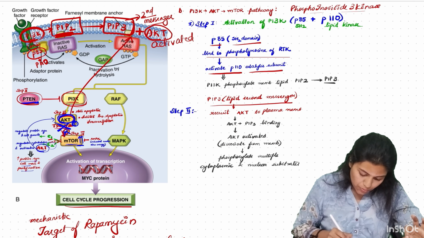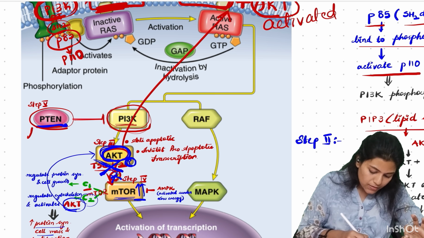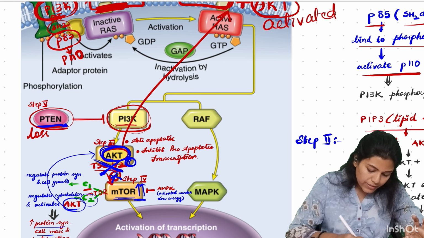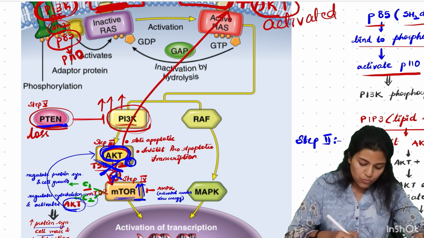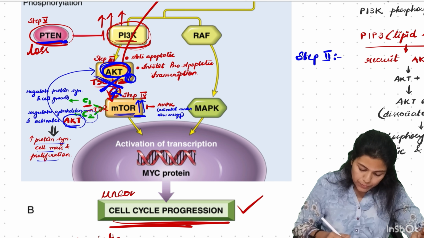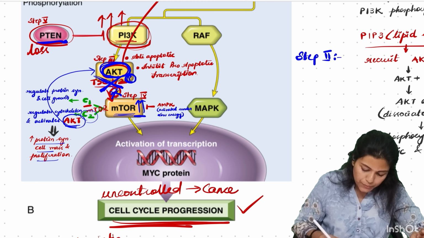Whenever there is a loss of PTEN because of mutation, PI3K will be overly activated. There's no brake on PI3K, so overactivation will cause uncontrolled cell proliferation, ultimately leading to cancer.